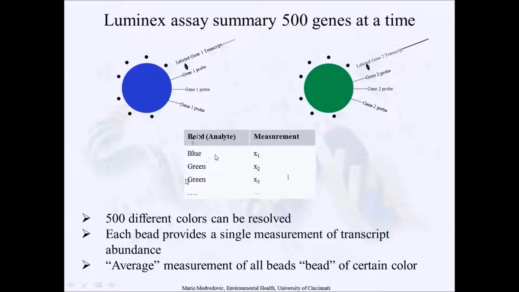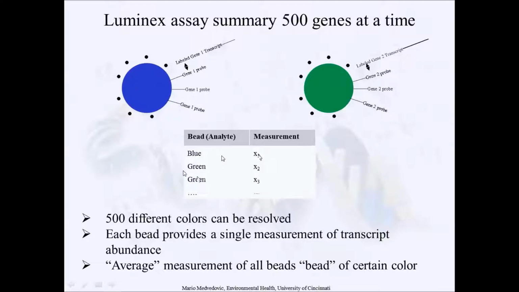You have a bead or the analyte identifier. In my case, I have two, blue and green. In fact, we have 500 of these. And then we have a measurement for each of them. So each of these beads will go through the instrument. The instrument will identify its color and record it, and then it's going to measure its fluorescence, and that's going to be the measurement of the gene expression level.